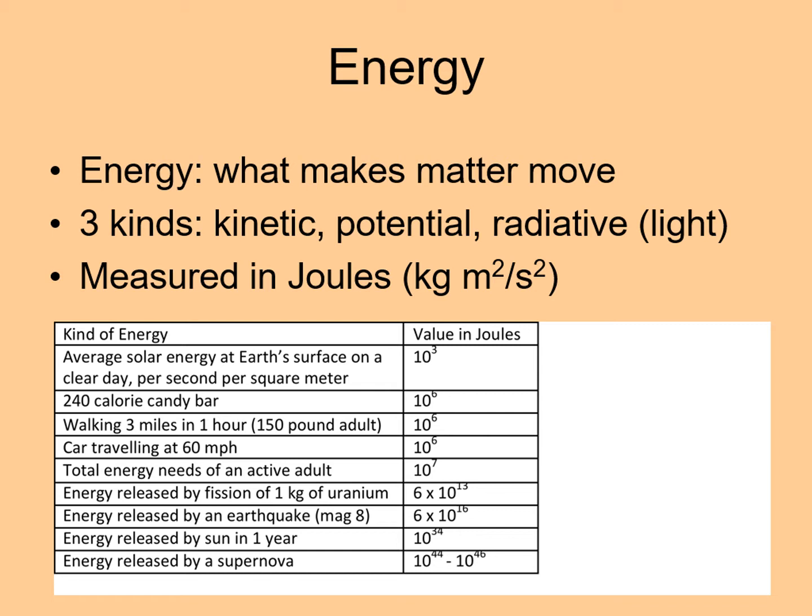It's also how much energy of motion a car has if it's going at 60 miles per hour. As you look down the list, you'll see the numbers getting bigger and bigger. Remember that with numbers written this way, it's the exponent that's the most important part of the number. That total daily energy used by an adult, 10 to the 7th joules, is 10 times as big as the energy from one candy bar. Always watch those exponents.